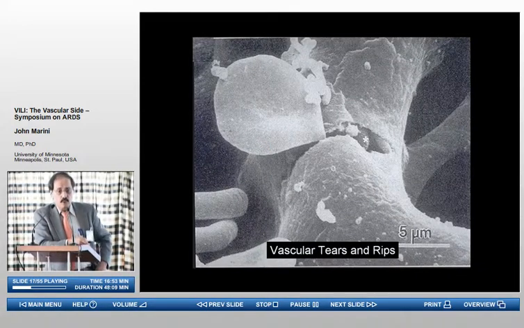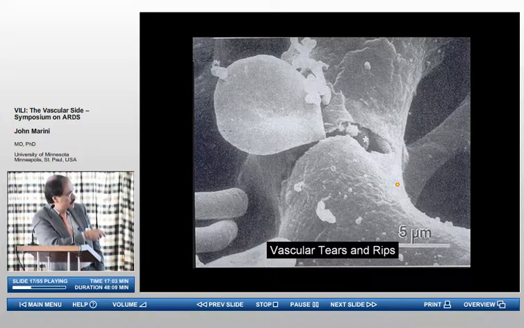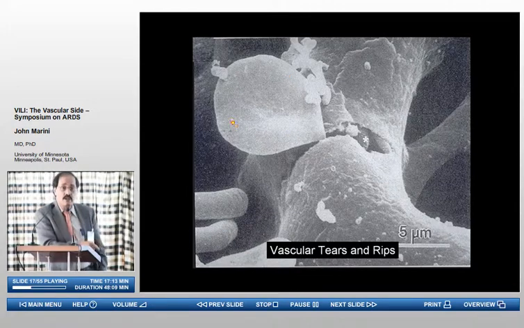The work of John West has been referred to already this morning. Basically, in static lungs that were not ventilated, he showed that when capillary pressures reached a certain threshold, which was about 40 to 45 millimeters of mercury in rabbits, there were tears, and you can see a red blood cell extravasating into the alveolar space.